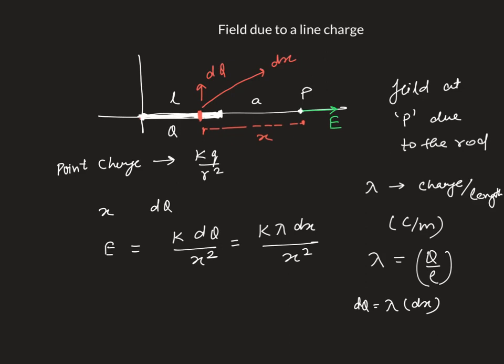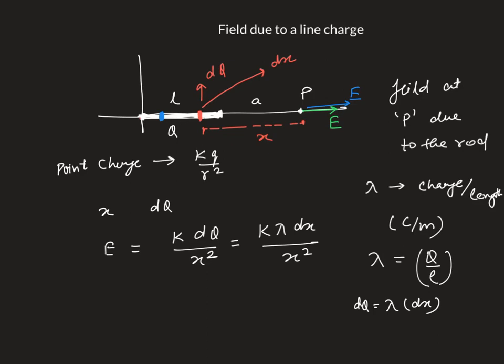Now, if we have found out the field due to one charge, that is dq, what about field due to all other charges across the length of the rod? You simply add them, because for any one of them, consider another one here in blue. For this one too, the field is going to be away from the charge at point P. So all fields are in the same direction.